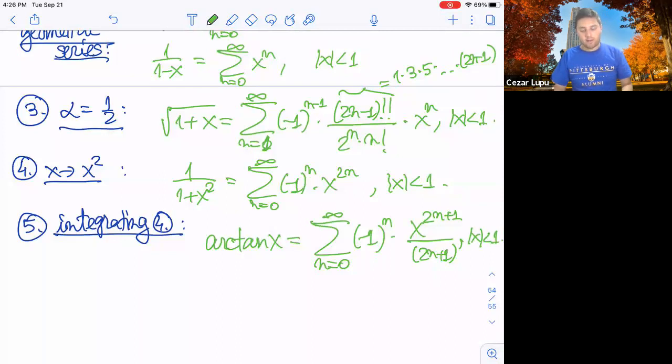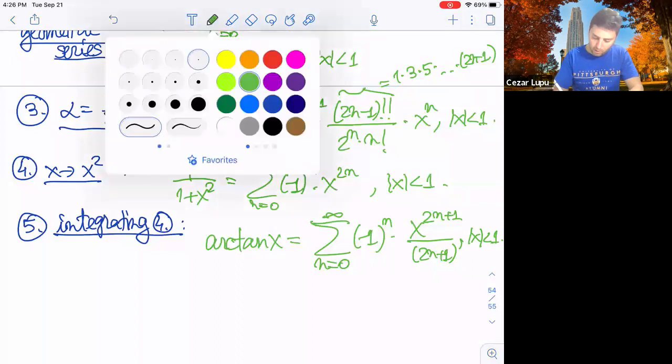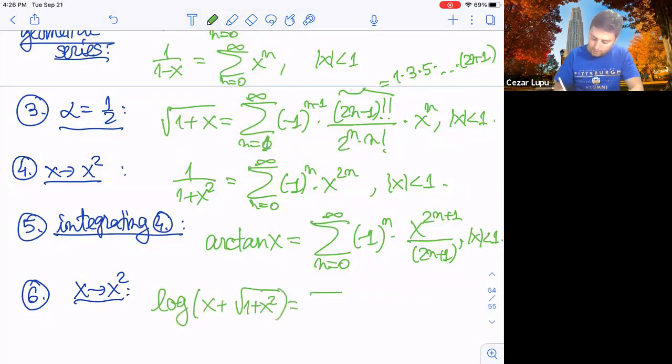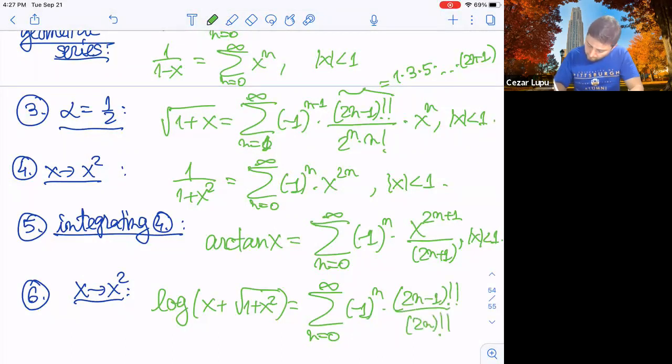We can take now x to x squared, and we can obtain the logarithm. Again, x to x squared, and we obtain the following interesting series for log of x plus the square root of 1 plus x squared. Here I'll have the 2n minus 1 and 2n.